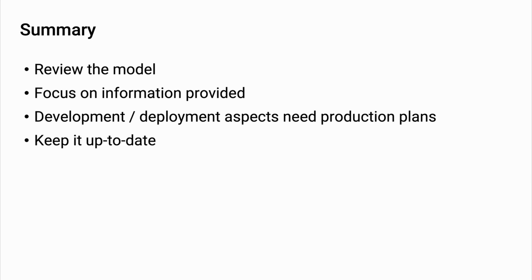Next, keep the analysis up to date. If the element changes, then the attack surface analysis also is subject to change. And finally, keep in mind that you don't require any special tooling to do this type of analysis. The set of questions and the methodology both lend themselves to a purely pen and paper exercise.